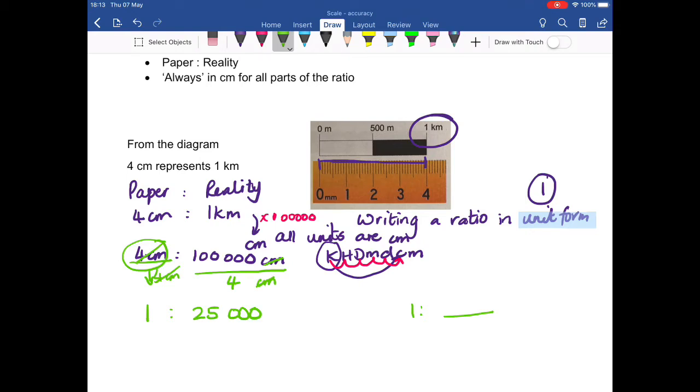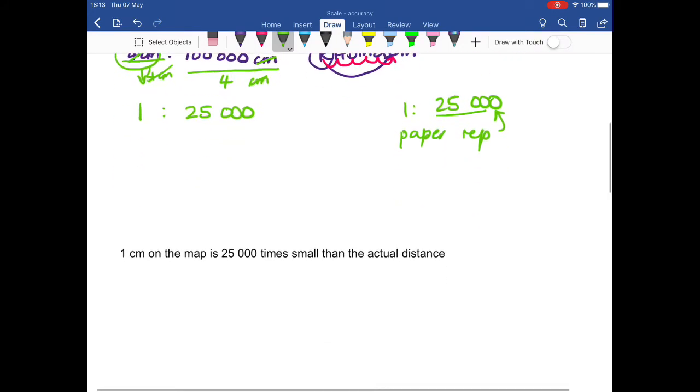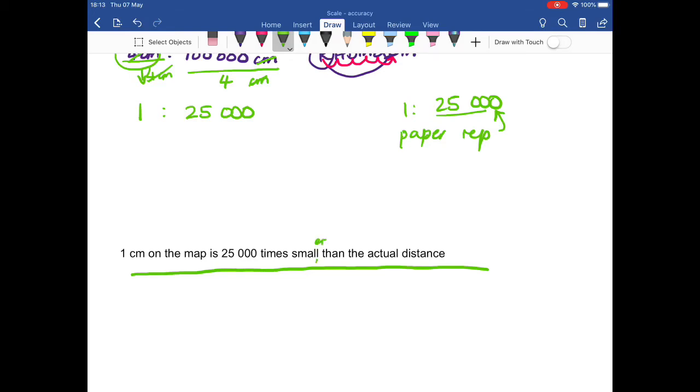So the answer to that is 25,000. So 1 centimeter on paper represents 25,000 centimeters in reality. This can also be read as 1 centimeter on the map is 25,000 times smaller than the actual distance.